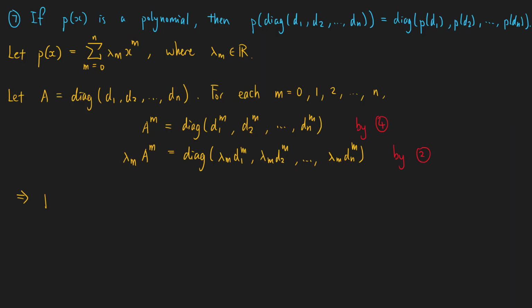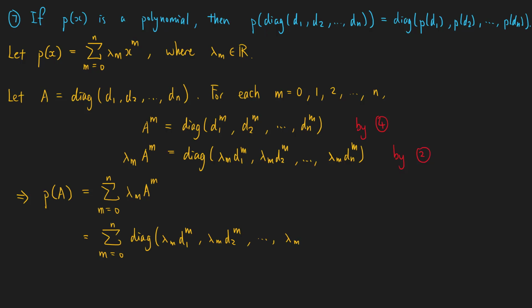This implies that P of A equals the sum from m equals 0 up to n of lambda m times A to the m. This equals the sum from m equals 0 up to n of the diagonal matrix lambda m times d1 to the m, lambda m times d2 to the m, up to lambda m times dn to the m.